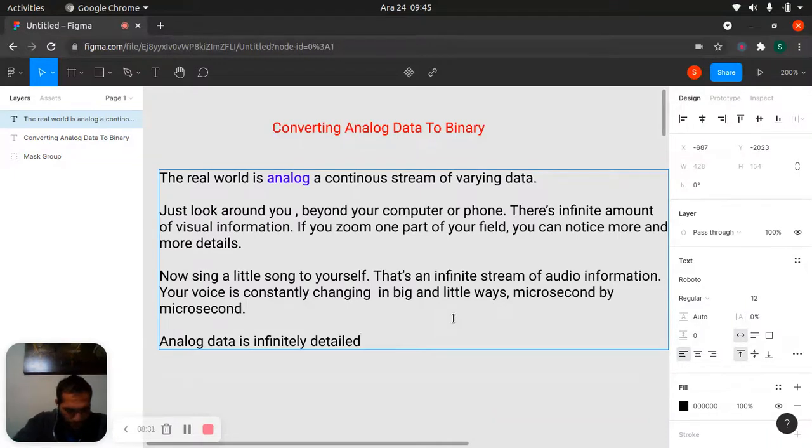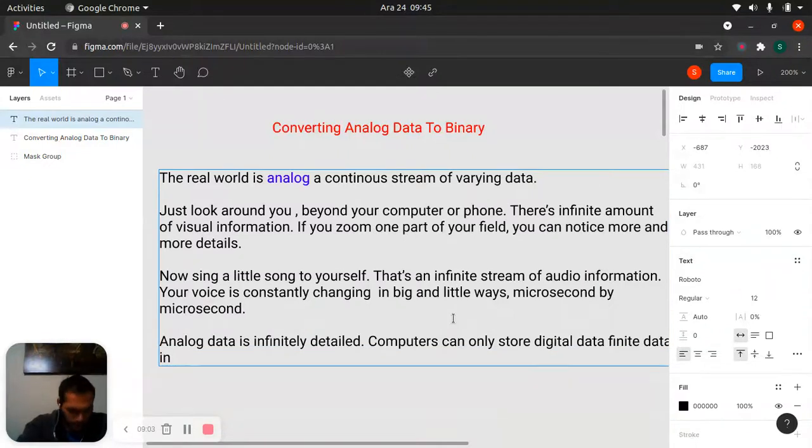Yes, computers can only store digital data, not infinite data, in binary representation.